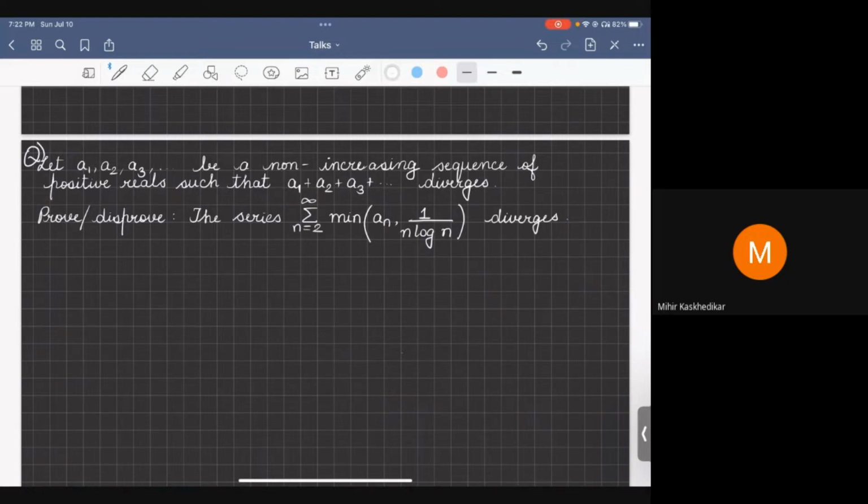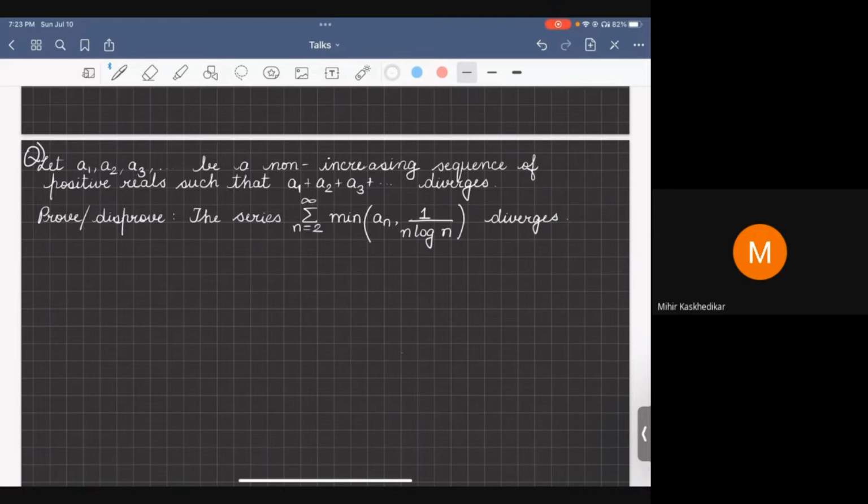But a subsequence of a divergent series may converge. Just take 1 plus half plus 1/3, and then just take 1 plus half plus 1/4 plus 1/8 plus 1/16. Okay, subsequence of partial sums would diverge.